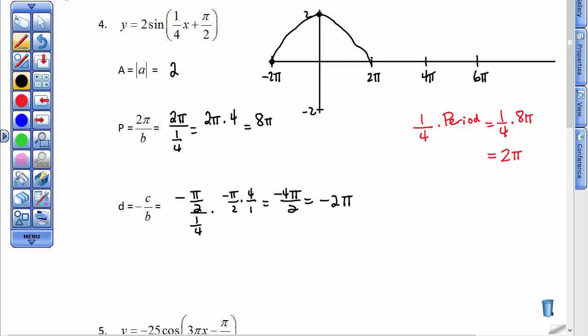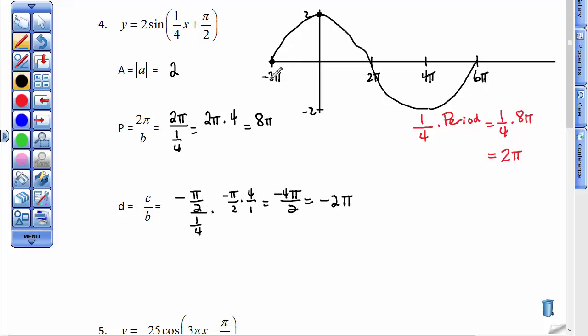I'm going to cross the x-axis at 2 pi, go down to this 4 pi, back up to the 6 pi. The distance from here to here is the 8 pi, and because it was so simple, I didn't have to do any fractional work to find a quarter of the period and add it to my displacement point right here. I didn't mean to circle this, but to start right here.